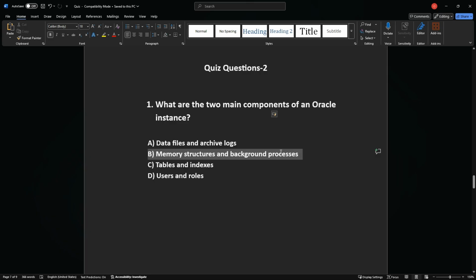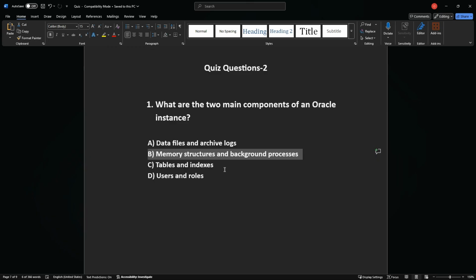Do you guys also think option B or any other option? Okay, I'm not getting the responses.